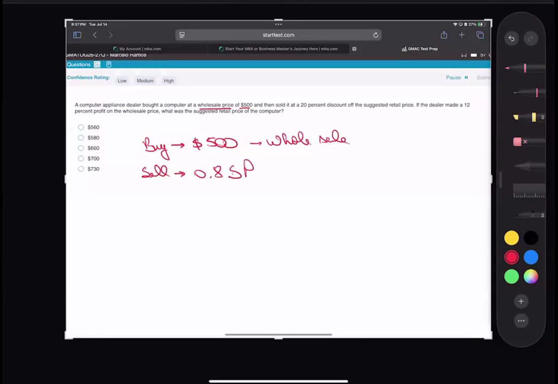If the dealer made a 12% profit on the wholesale price, 12% profit. Okay. So he made 1.12 of this 500. Do you guys agree? Okay.